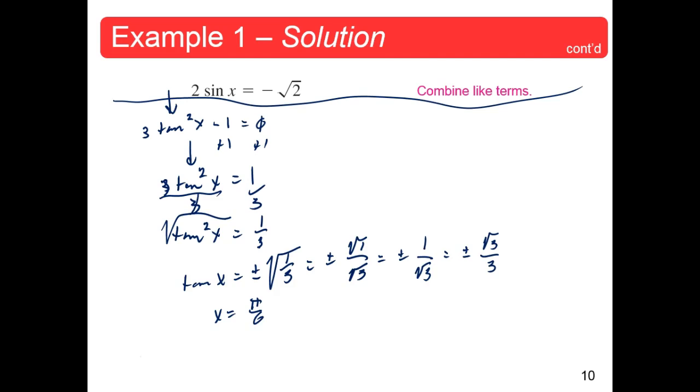Is there another place where tangent x would be either plus or minus root 3 over 3 or 1 over root 3? That's pi over 6 up from here. 5 pi over 6. So let's try that one.